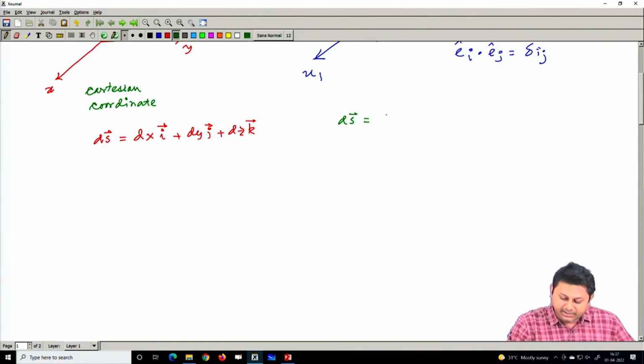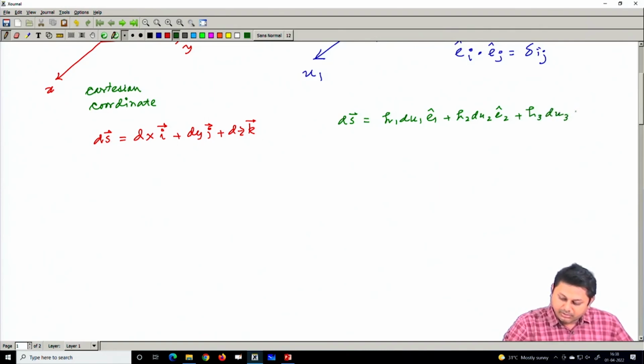We have a scale factor, as we mentioned last time, and it will be something like h1 du1 e1 plus h2 du2 e2 plus h3 du3 e3, where e1, e2, e3 are unit vectors.